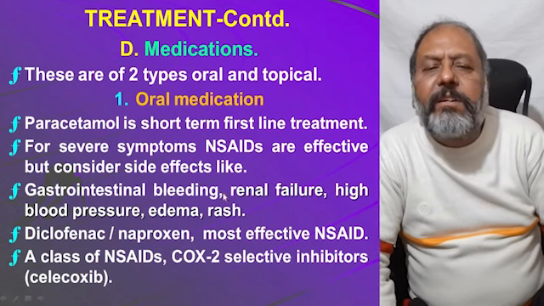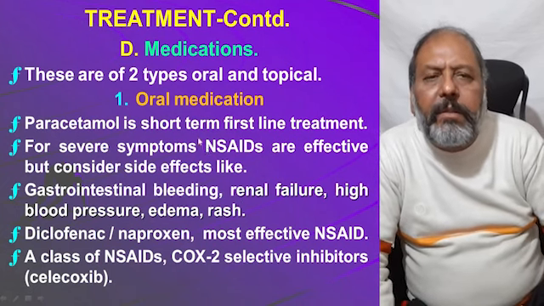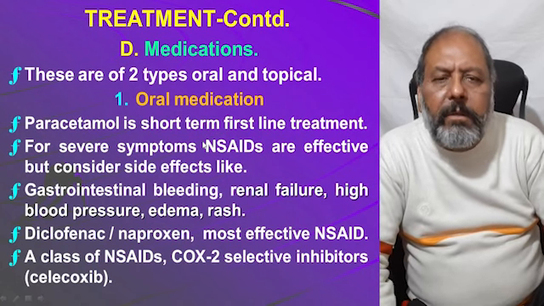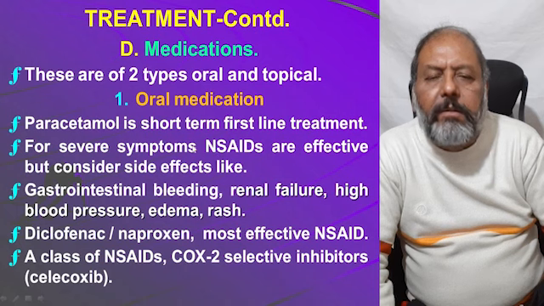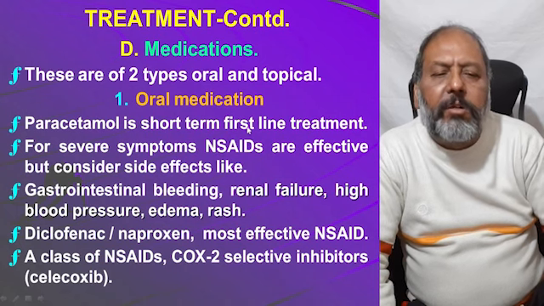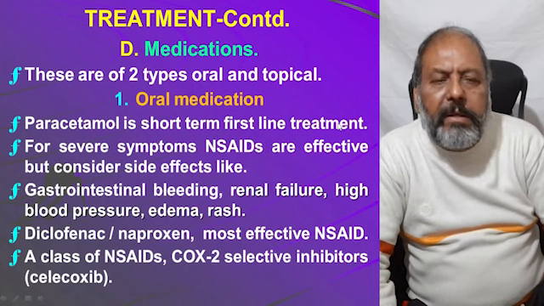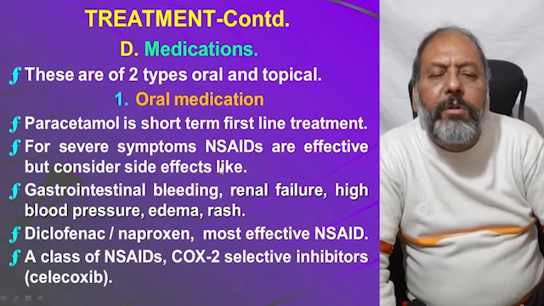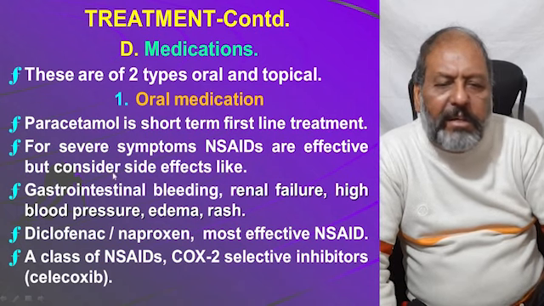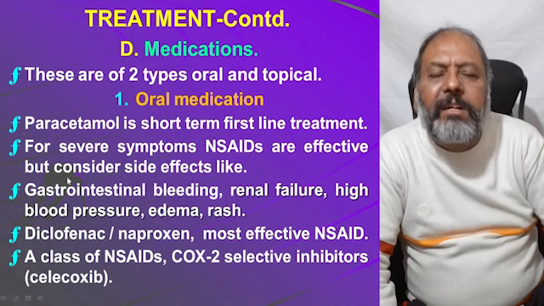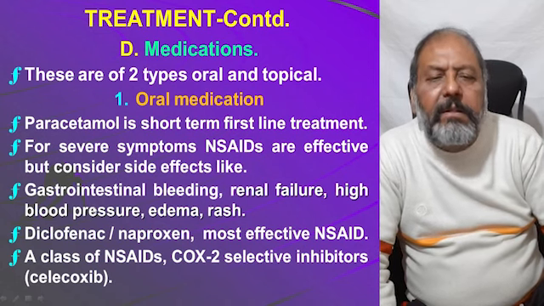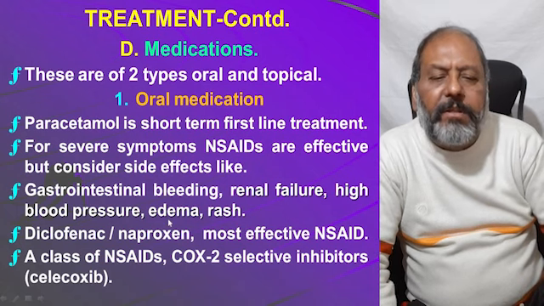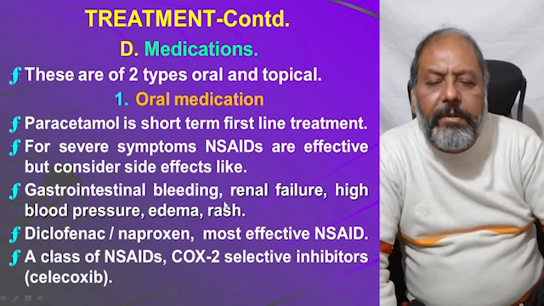Now, the next in the treatment is medication. There are two types of medication, oral and topical. First, the oral medication. Paracetamol is the short-term first-line treatment and most of the time is recommended. For severe symptoms, non-steroidal anti-inflammatory drugs are effective, but consider their side effects like gastrointestinal bleeding, renal failure, high blood pressure, edema, and rash.